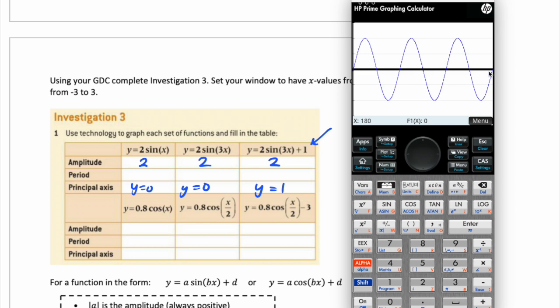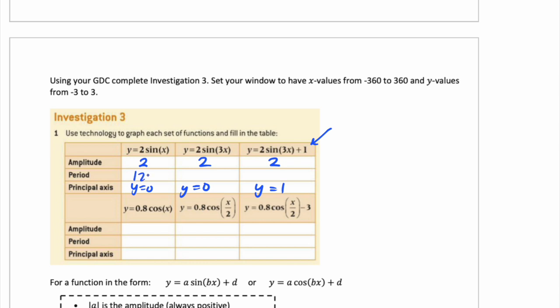I went to 360, but this looks like it's 360 divided by 3, because now there are 3 full cycles. It was 1 cycle before, so it's 360 divided by 3. The period is 120 for this one. The regular period for the regular function was 360, and this one's 120 degrees.